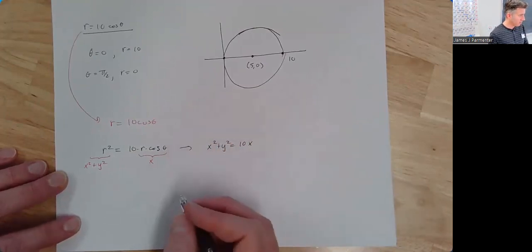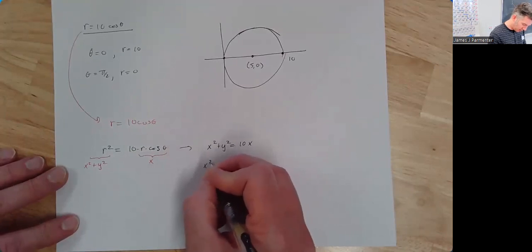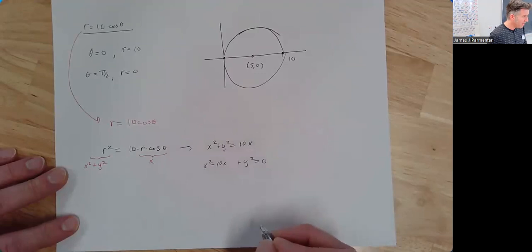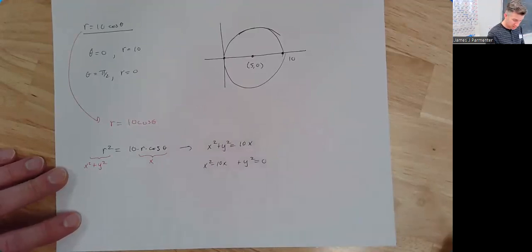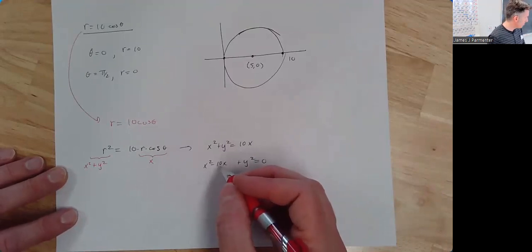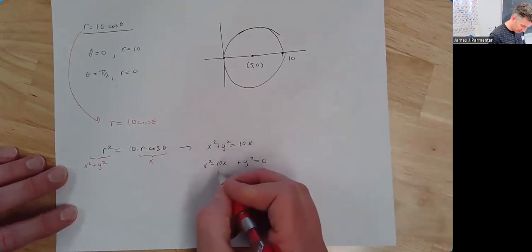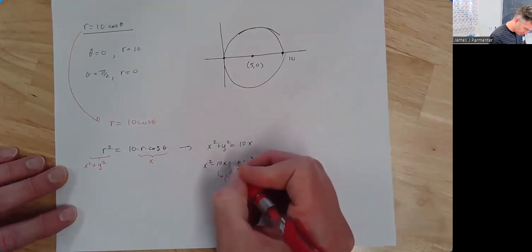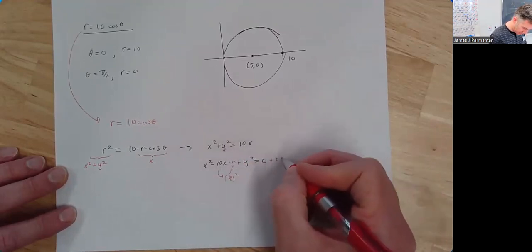I bring the 10x over to the left side. I've got x squared minus 10x plus y squared equal to 0. And now I'm going to complete the square. I'm going to add half of 10, negative 10 divided by 2 is -5, and squared that is 25. Add 25 there and there.